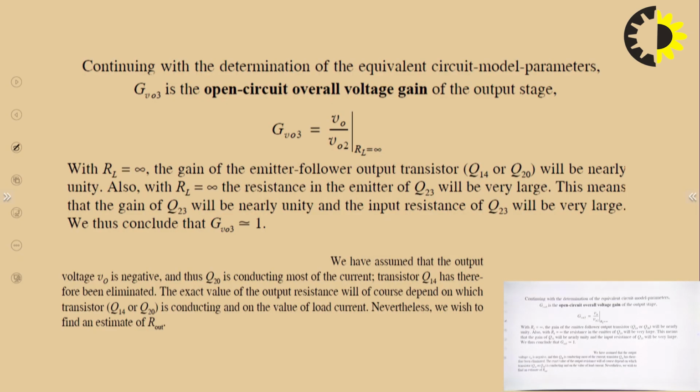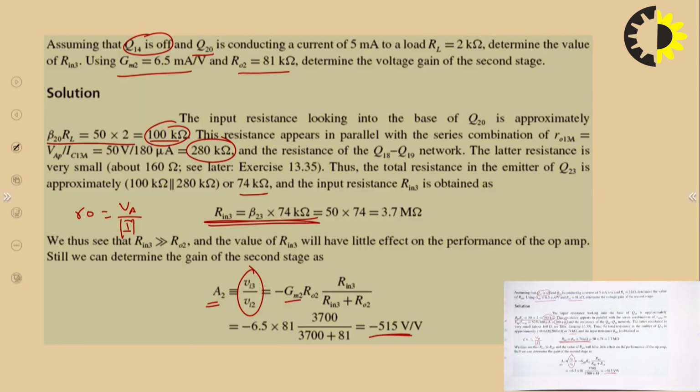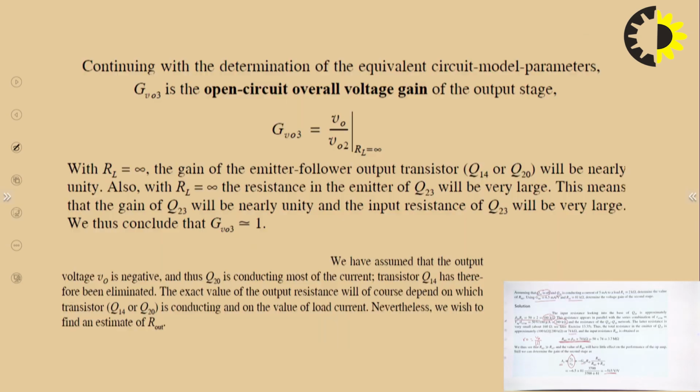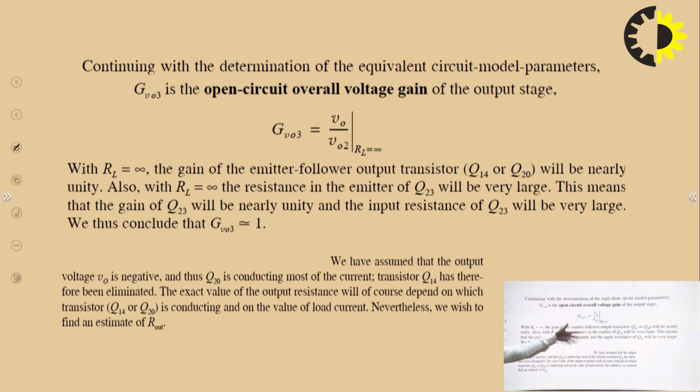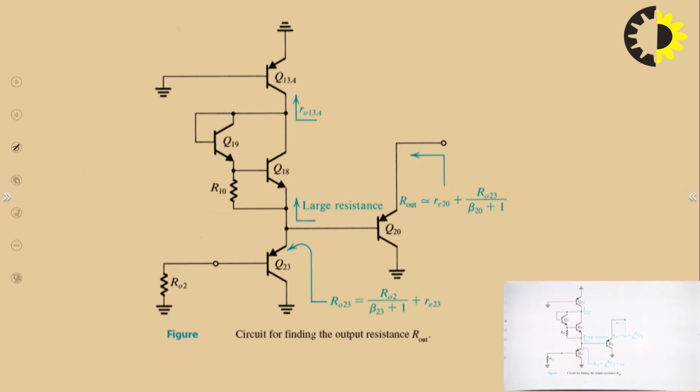Now the open circuited voltage gain of the third stage, GVO3, is equal to V0 upon VO2. You know that it is nearly equal to 1, because this is the voltage follower stage. Now let us find the output resistance.